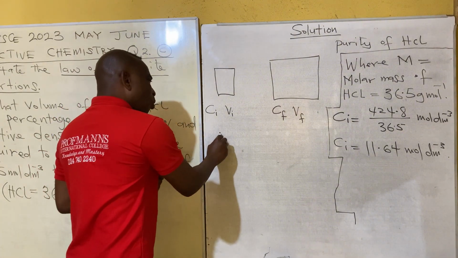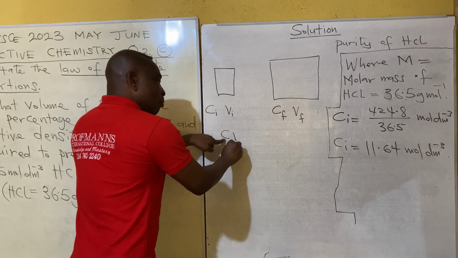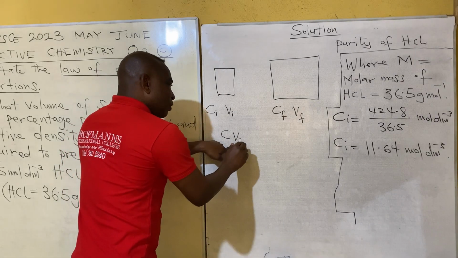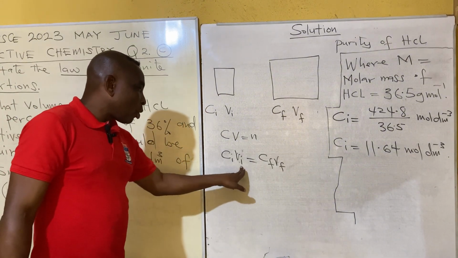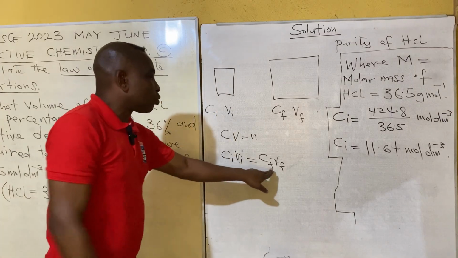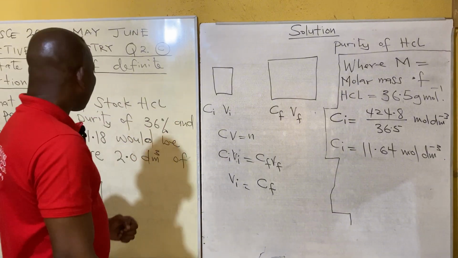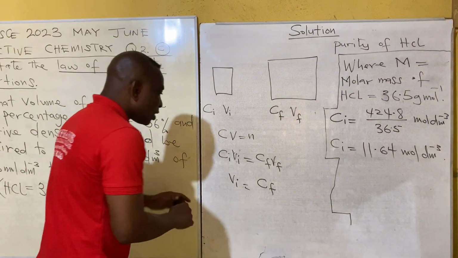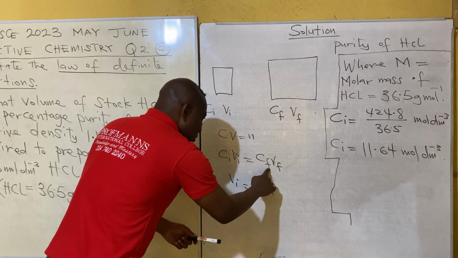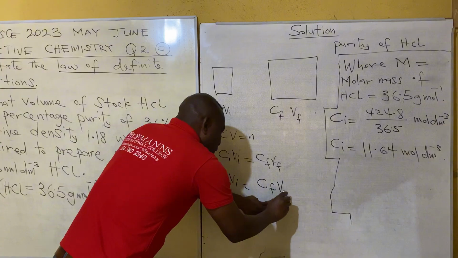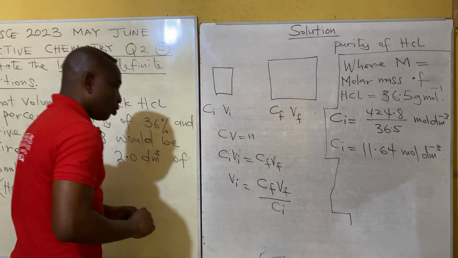So how do you calculate for mole? Mole is concentration in mole per dm cube times volume in decimeter cube. So it's the number of moles. Here we have the mole in the stock solution being equal to the number of moles in the diluted solution. So we are making Vi, that is the volume of the stock solution, the subject. So it is going to be concentration of the diluted solution times the volume of the diluted solution divided by the concentration of the stock solution.